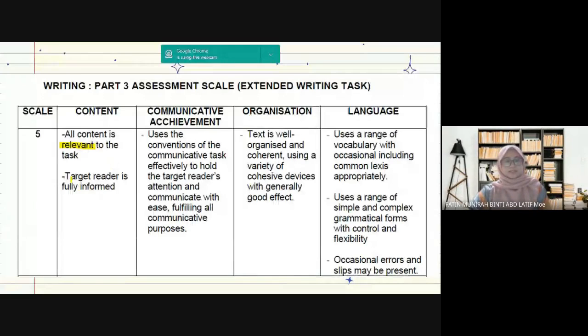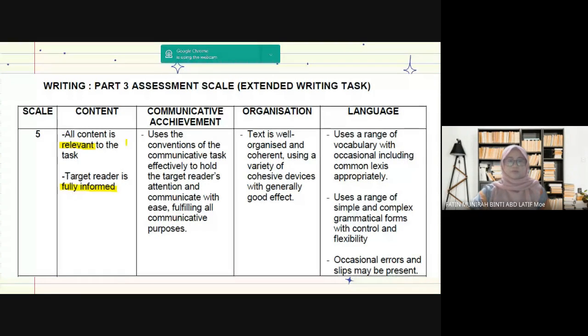Okay, and then target reader is fully informed. Okay, fully informed ni maksud dia apa? Okay, fully informed means you have supported every point. Awak bagi point, awak bagi elaboration and you give example. Okay, awak menerangkan sesuatu point tu dengan detail.